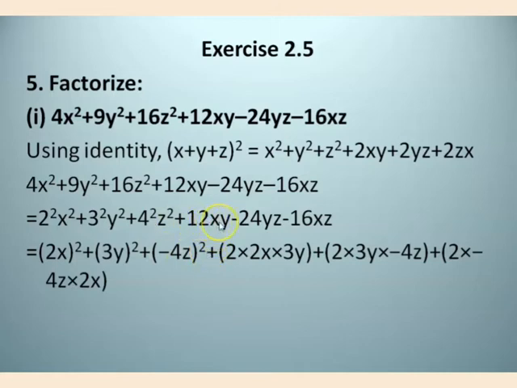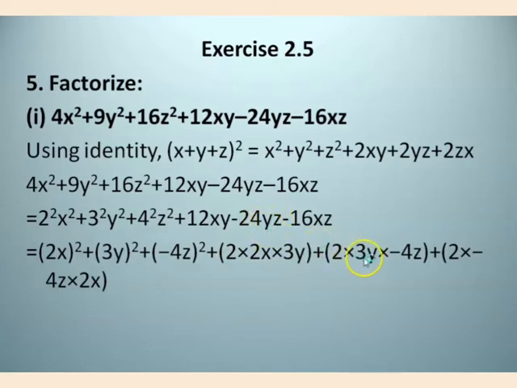Similarly, 12xy. We have to write this with two as a factor, 2 into xy. The first x term and y term should be present here. Here in the x term we have 2x. In the y we have 3y. So 2 into 2x into 3y. 12xy can be written as 2 into 2x into 3y. Now minus 24yz.